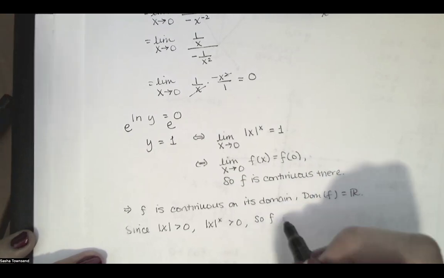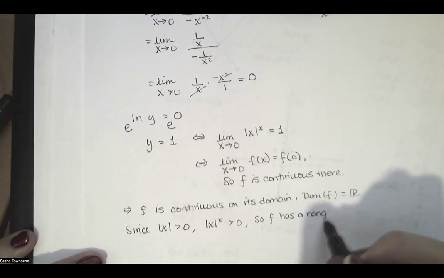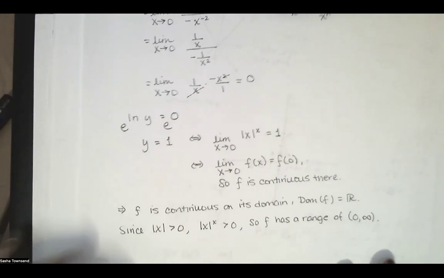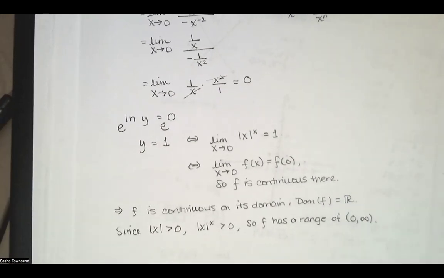So f has a range of 0 to infinity. And I say 0 to infinity, you might say, how do you know it approaches 0? It's because those fractions, 1 over negative x raised to the negative x, as x gets very, very large and negative, is 1 over a positive number raised to a positive power, and the base and the exponent are the same.